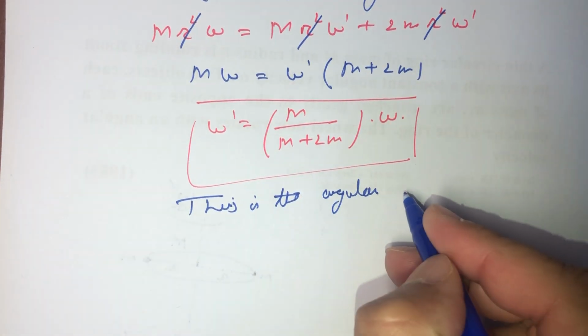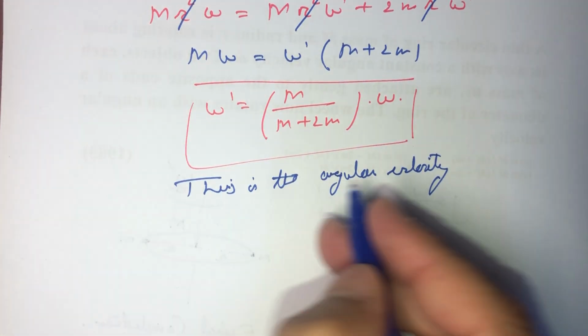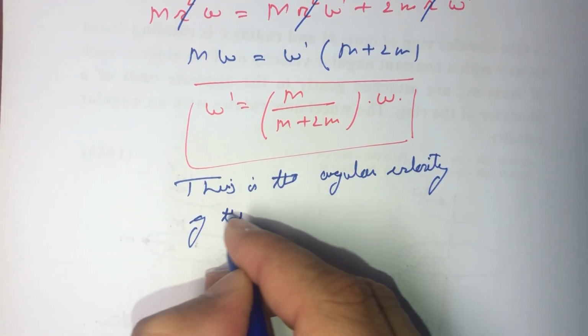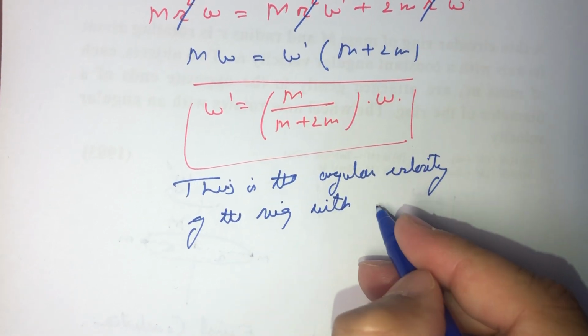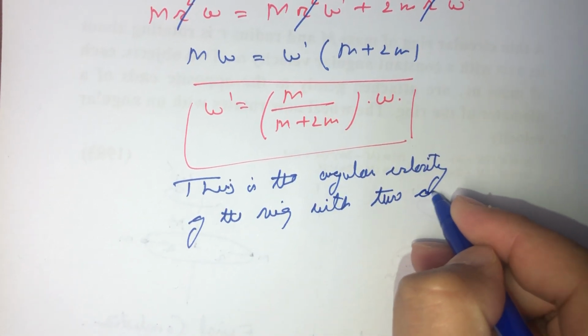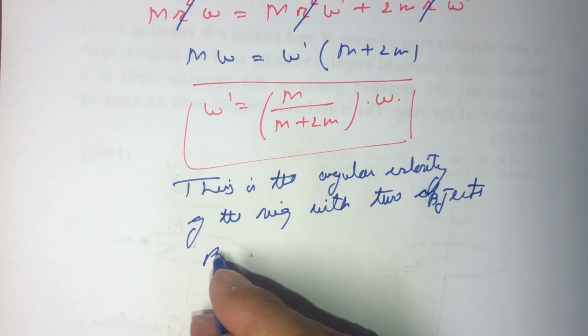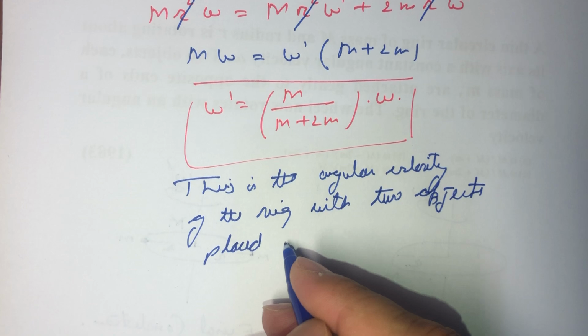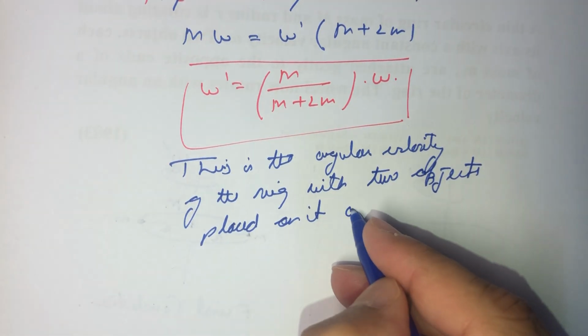This is the angular velocity of the ring with two objects placed on it along the diameter.